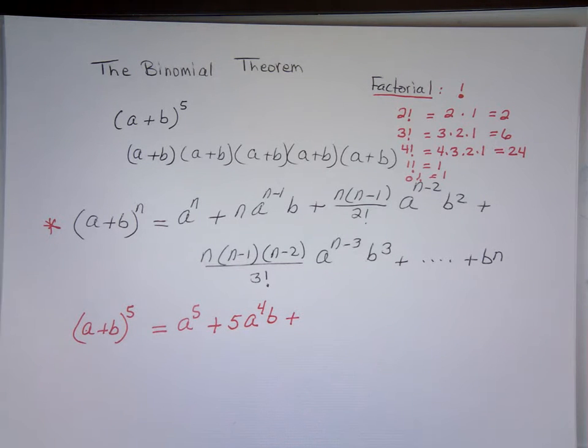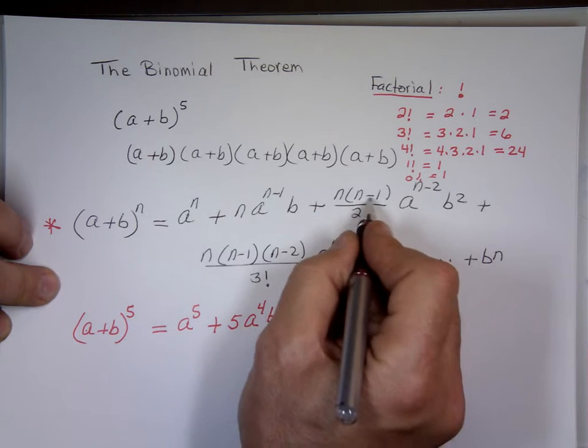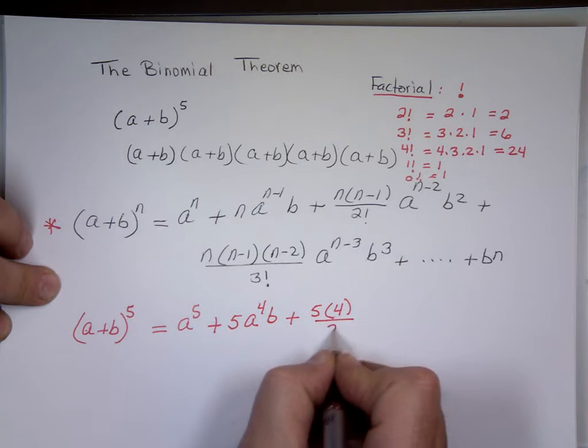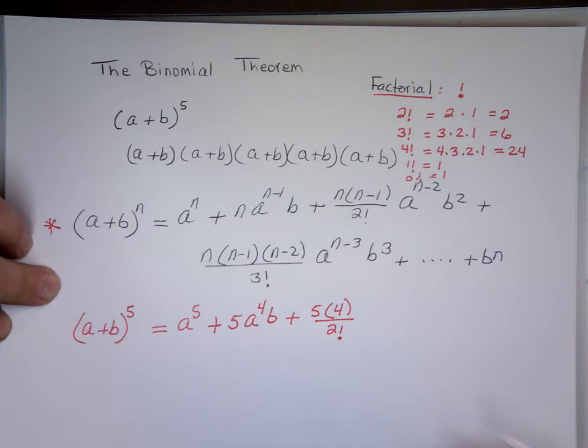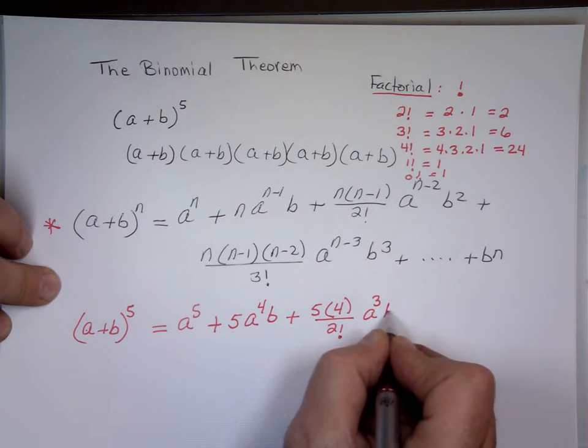the next one, 5 times, what's 5 minus 1? 4 divided by 2 factorial, a to the power of 3, b to the power of 2.